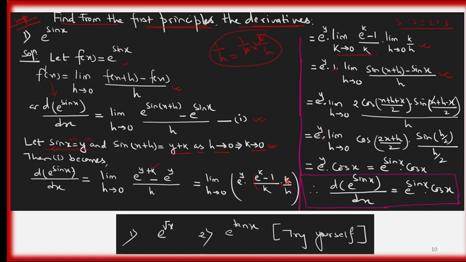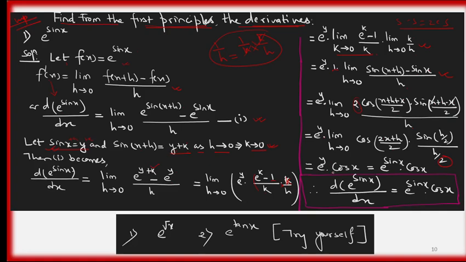Then e to the power y itself, limit as h tends to 0. Then cos of (2x plus h) by 2, and these 2 go here. Sin, this x and x cancel, h by 2 whole over this h, and this 2 becomes h by 2.